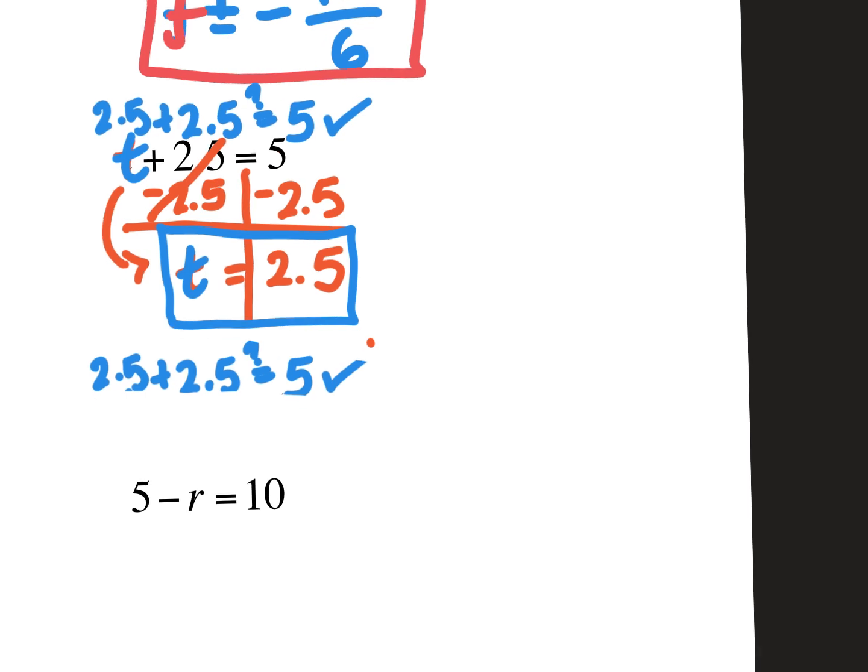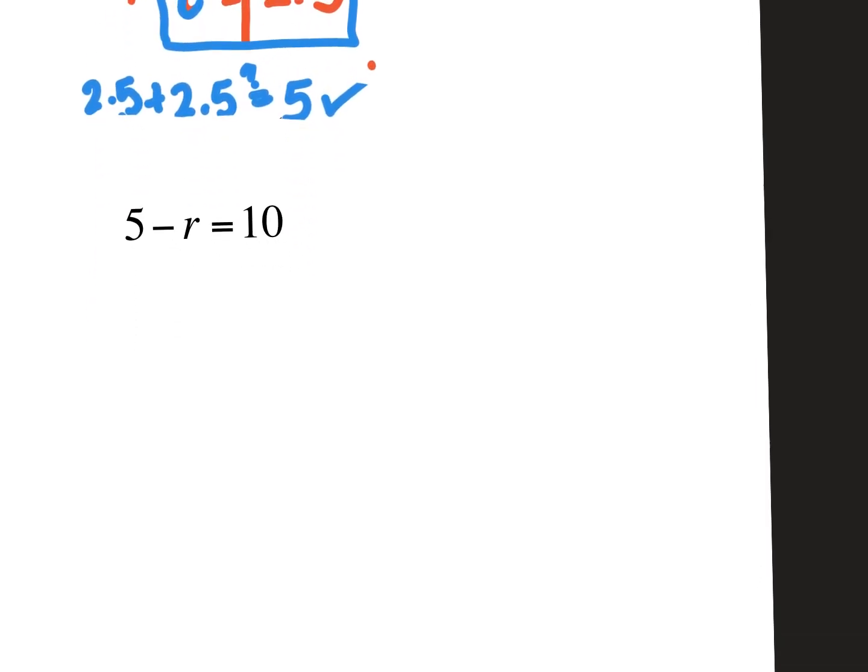I want you to go ahead and look at that next one. This one's kind of special because it says 5 minus r equals 10. Well, I want you to keep in mind this says negative r, or the opposite of r, plus 5 equals 10.